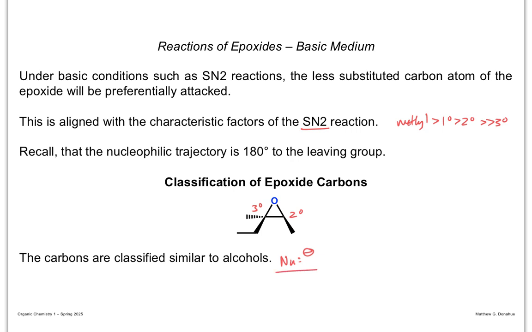And if we have a nucleophile, remember the trajectory has to be 180 degrees opposite the leaving group. The leaving group is the CO bond. The O doesn't leave the molecule. It just leaves from that carbon.